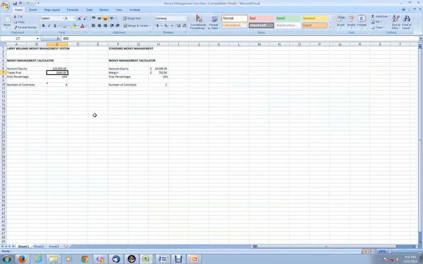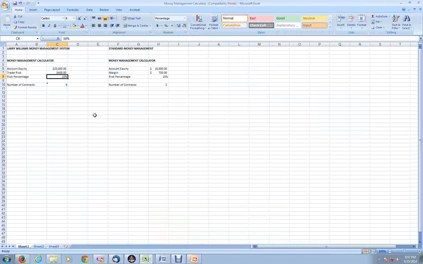Many people we talk with will do a trade with one contract, maybe two contracts, just kind of hit or miss based off what they want to do. This money management calculator was developed by Larry Williams, who we have talked about before. I think it can really open a lot of eyes and doors as far as how quickly you want your account to grow and how safely you want it to grow.